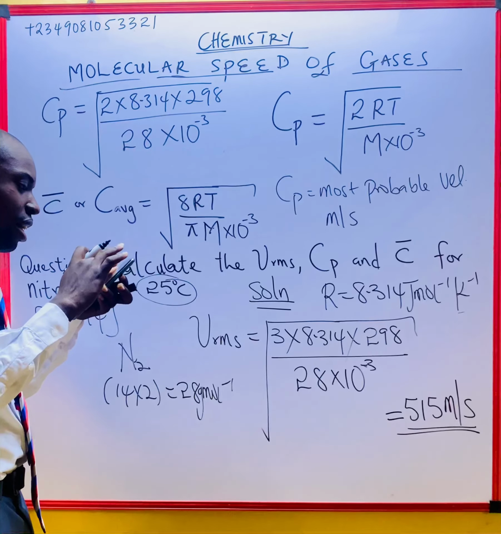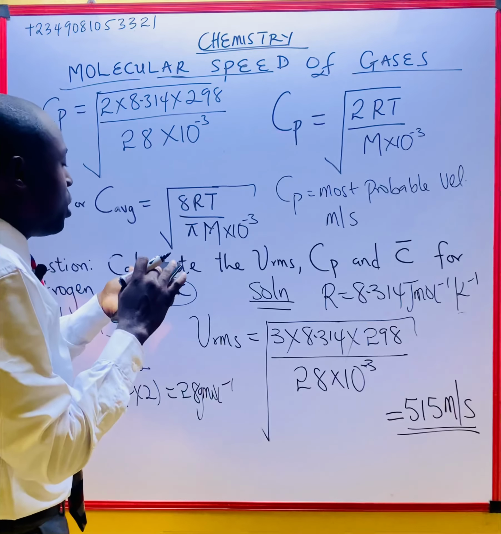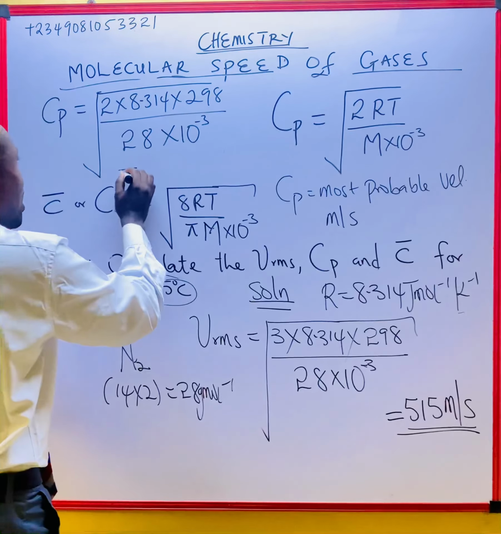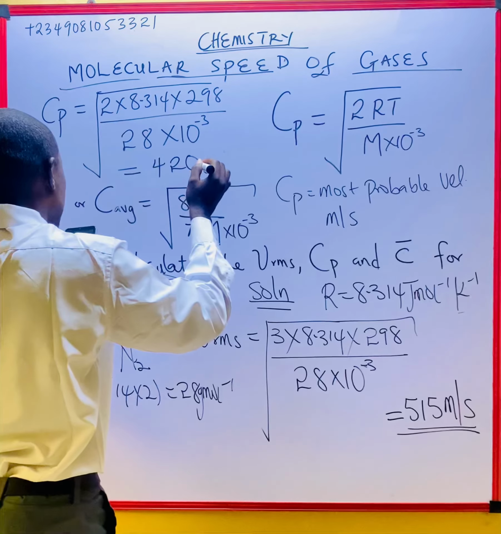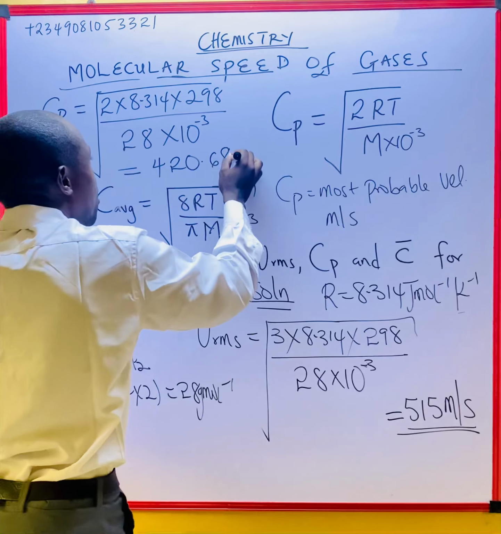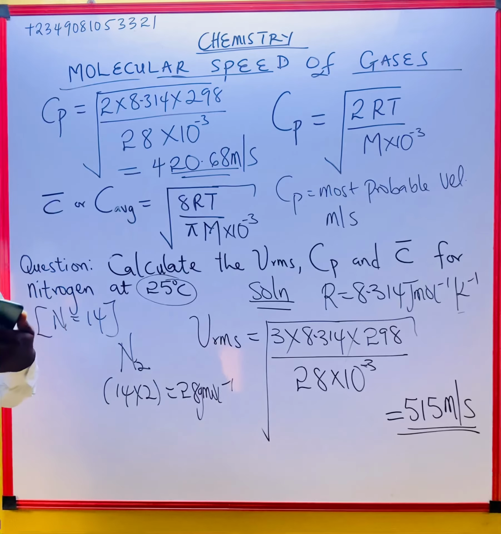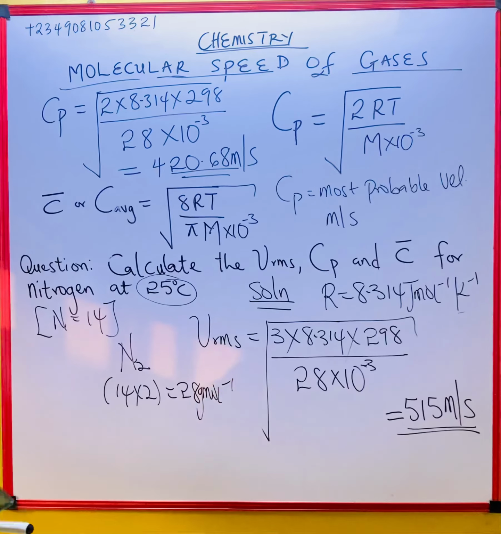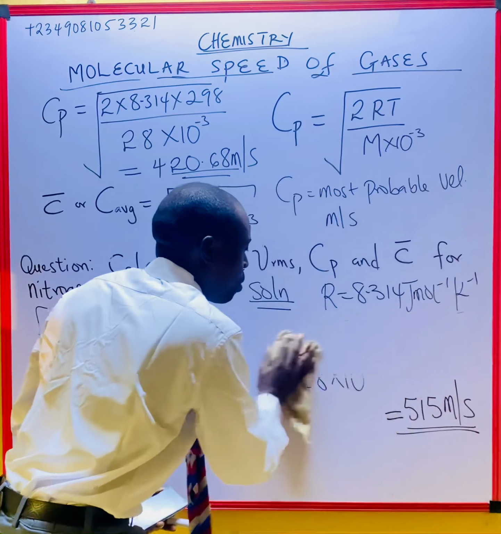Put 2 here, that's 2RT. The answer we should get here is 420.68 meter per second. Is that clear now? I hope it's clear. I will erase this down here to create more space.